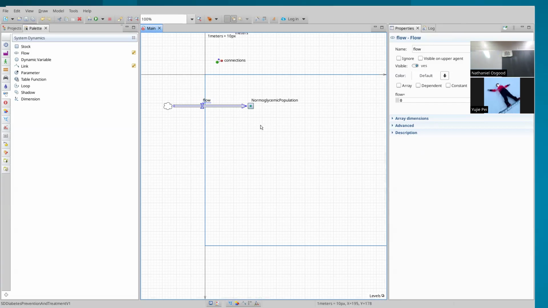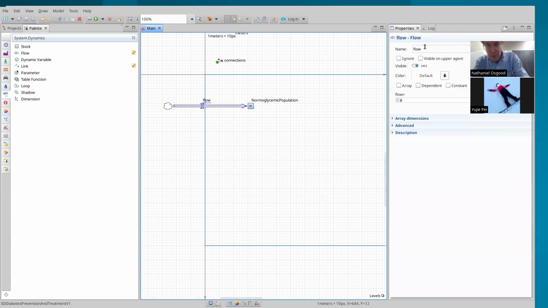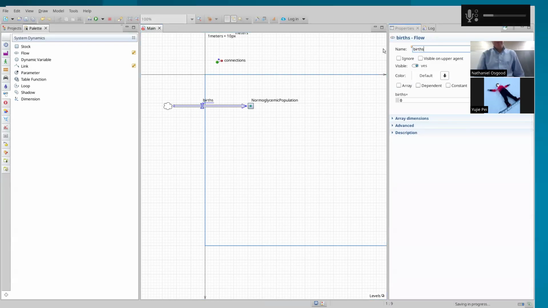Make sure it's connected. It's easy to miss, get close, but it isn't actually connected. Make sure it's green. Green is going to indicate it's connected. And we're going to call this flow, make sure you select the flow up here in properties, and it's going to be called births.